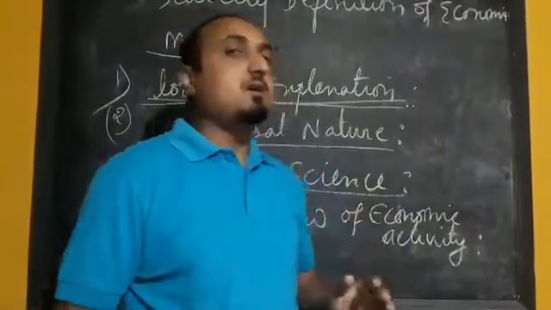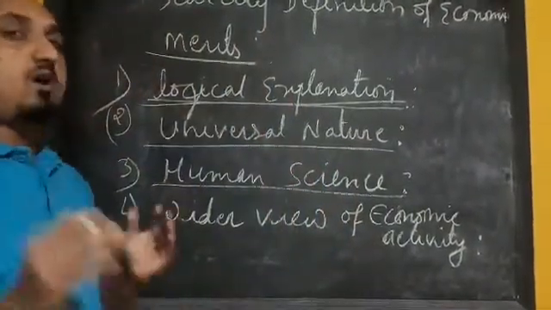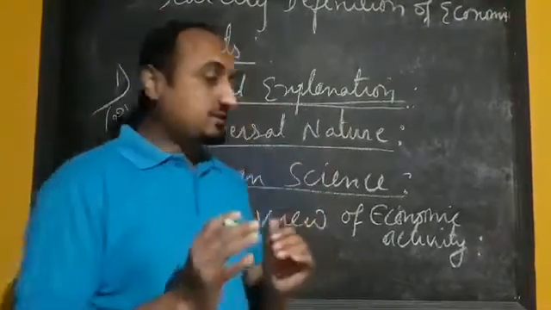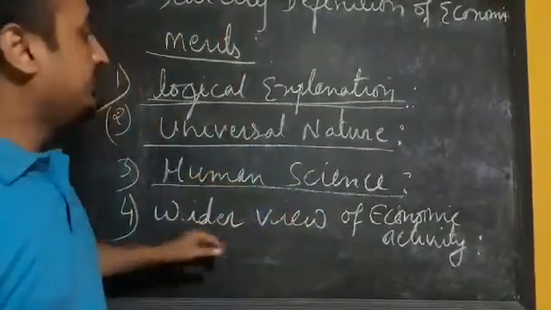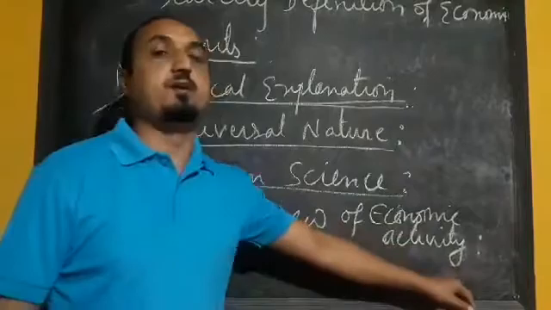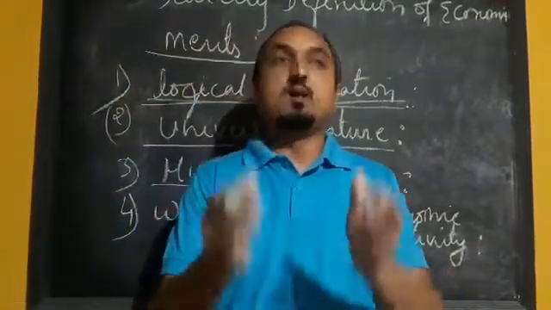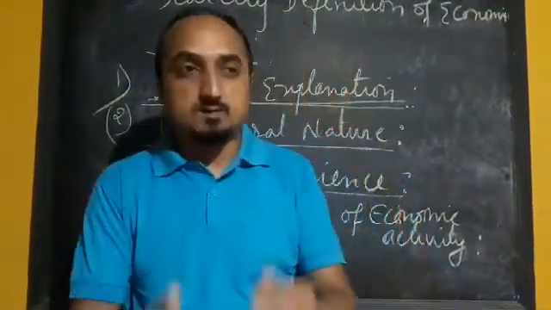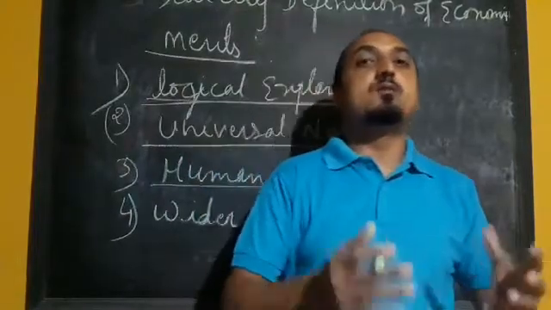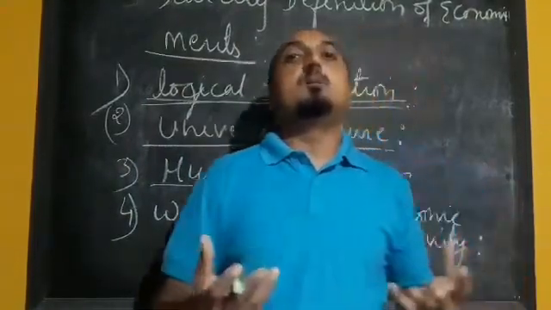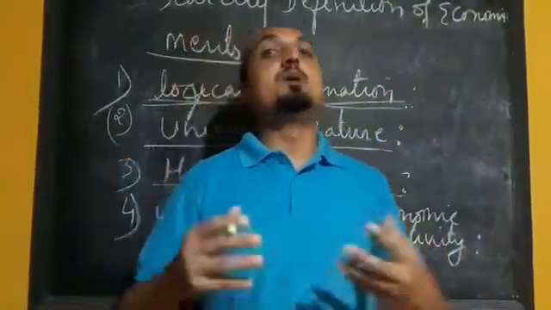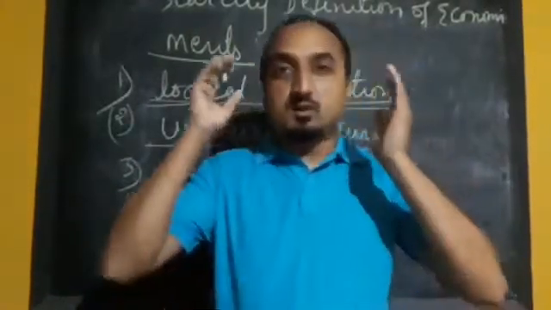Okay, so the next merit, or advantage, of Professor Robbins' definition of scarcity is a wider view of economic activities. As we have studied in the welfare definition as well as the wealth definition, we came to know that economics is all about the study of material goods or tangible goods.